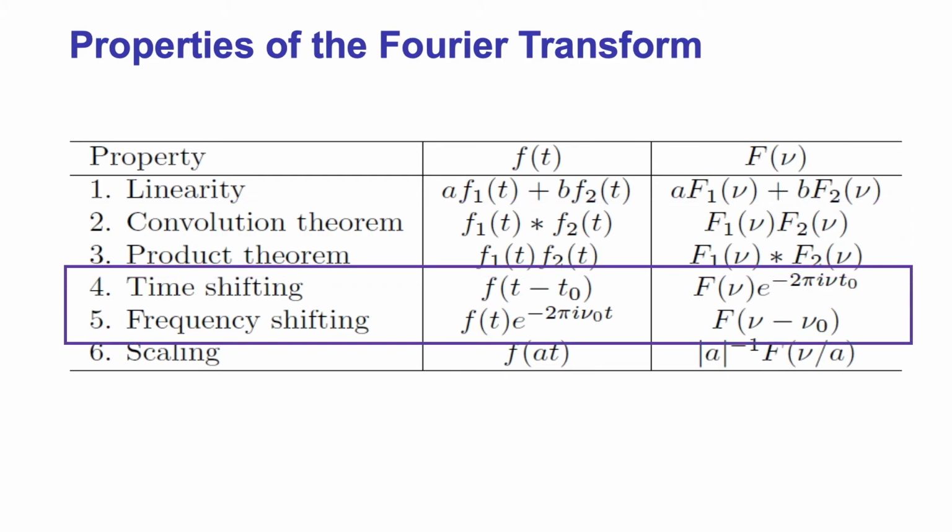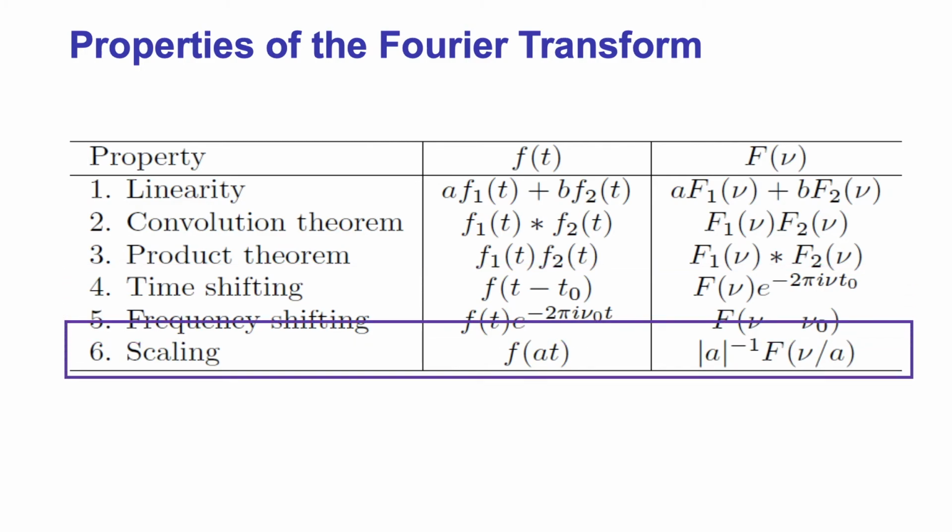The shifting theorems that show that the effect of multiplying a function by an exponential at t0 in the frequencies is to shift the function by t0 in the time domain and vice versa. And scaling, which means that stretching a function in the time domain will translate into a compression of its frequency spectrum.